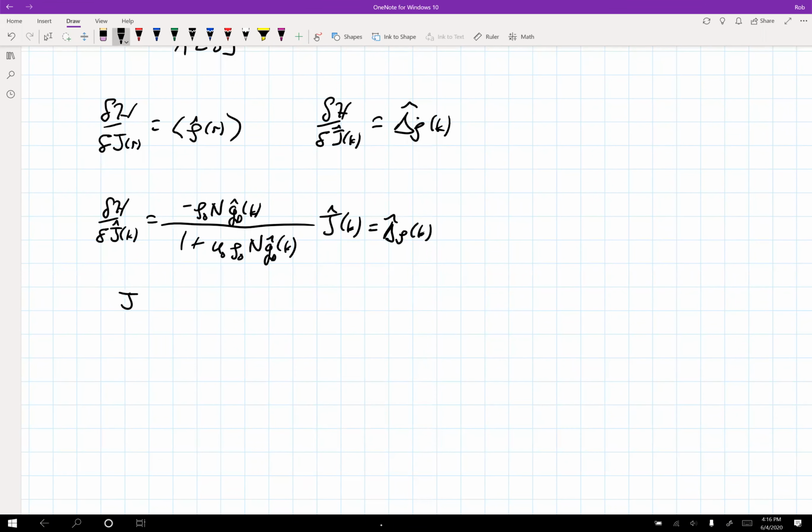So now we get that j hat of k is equal to minus 1 plus u naught rho naught n gd hat of k, right? That's from the denominator, and then over rho naught n gd hat of k, then delta rho hat of k.